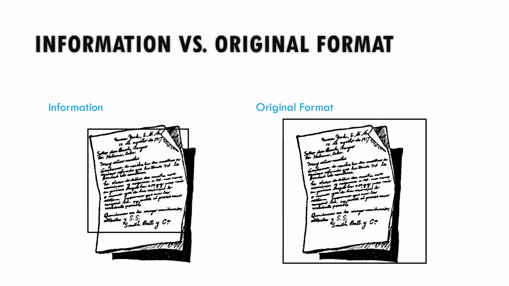If you're interested in just preserving the information, then that can influence which preservation strategy you are going to pursue as an archive. And again, these decisions ideally are made after consultation with records creators and researchers as well.